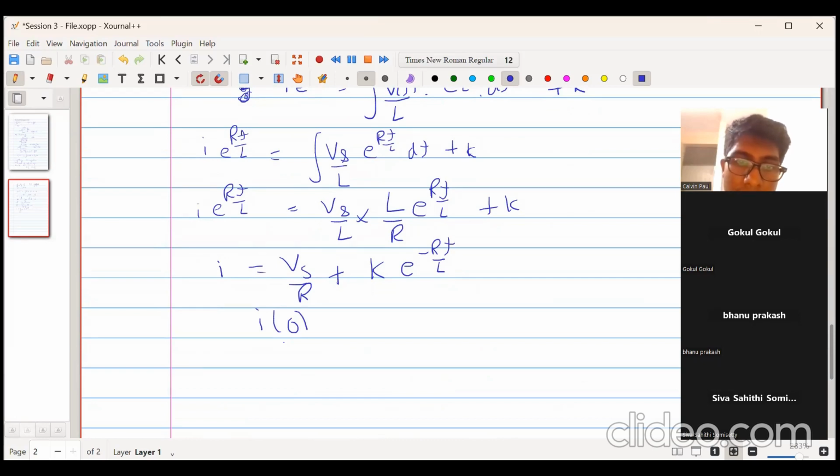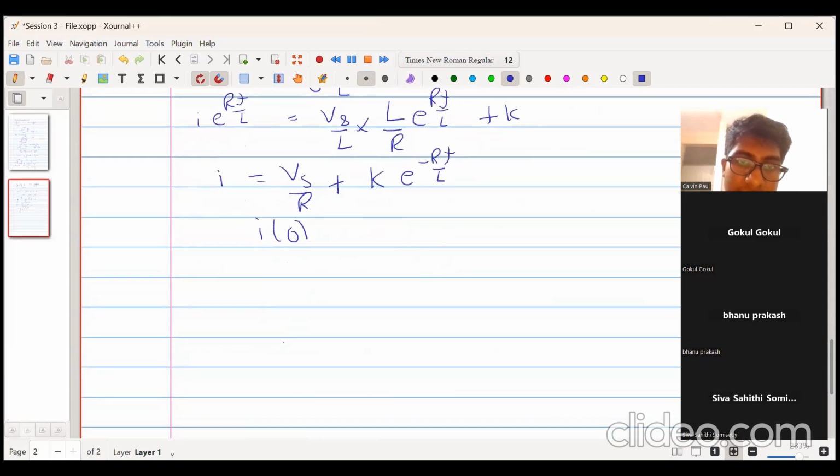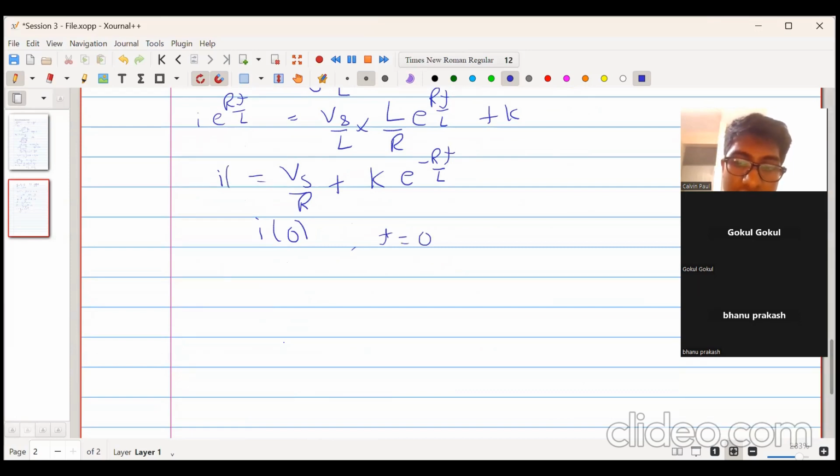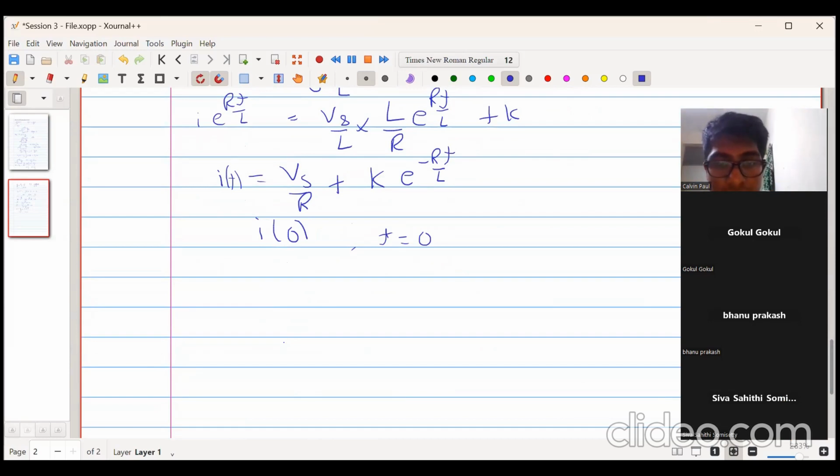So in this equation we will put t equal to 0. Then we will get I of 0 is equal to Vs upon R plus K. See, e raised to minus 0 is 1.